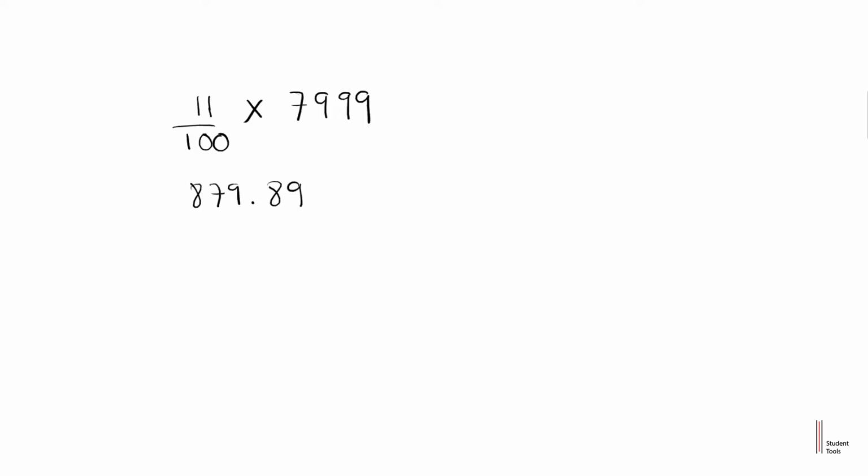So the question said we must calculate the balance after Tyler has paid the deposit. So that means we will say 7,999 minus 879.89. So here we'll borrow. We have an 8, we have 10 here, we have 10 here.